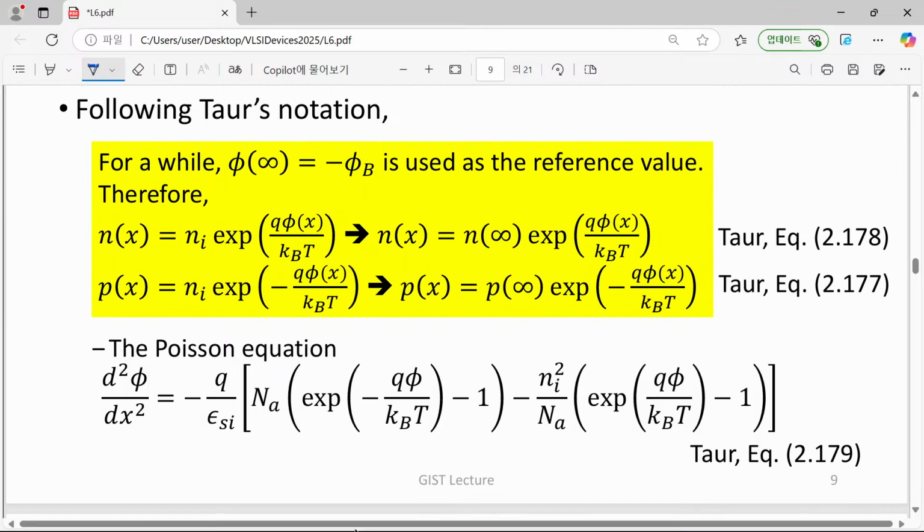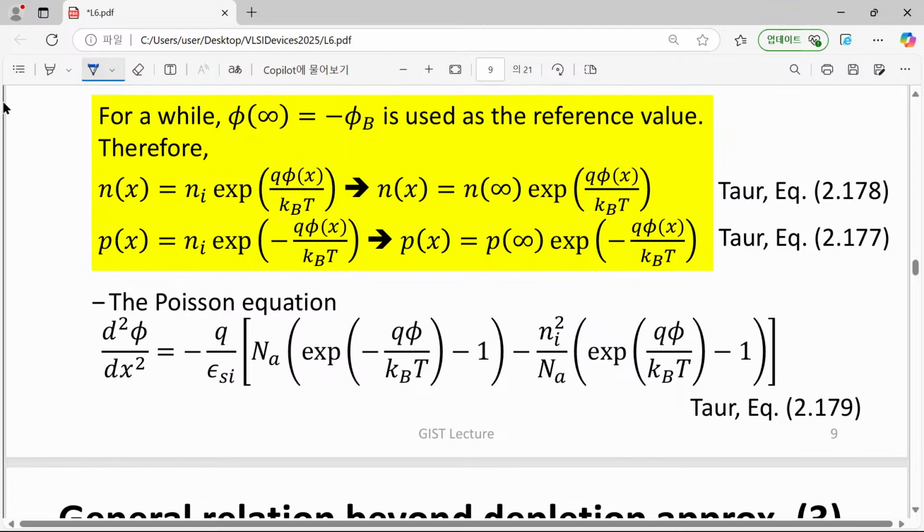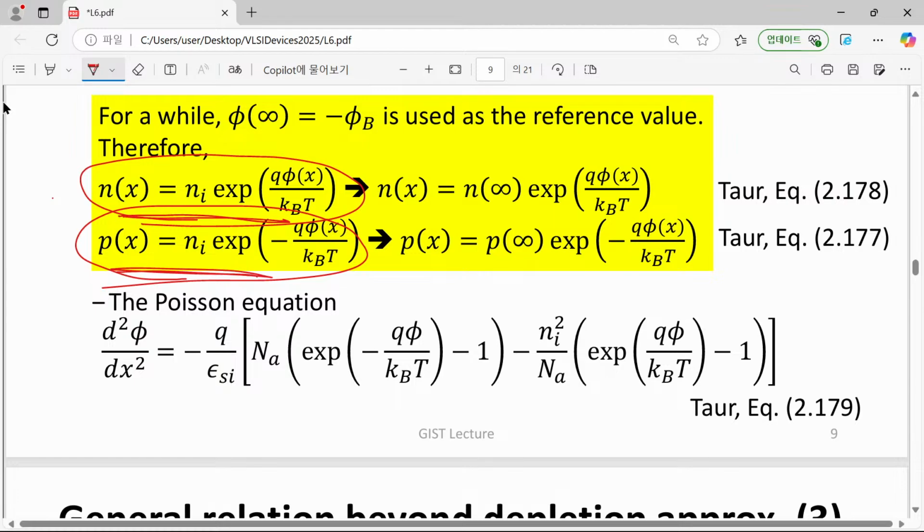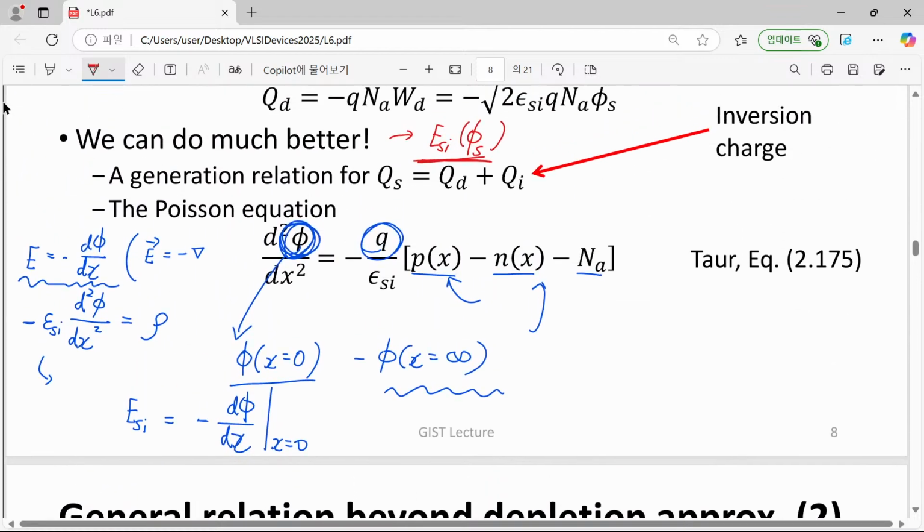But fortunately, you have a strong relation. Do you remember? Electron density and hole density are both exponentially dependent on the electrostatic potential. We have seen it quite many times before, so we will use this expression. Simply speaking, when you come back here, although P is written here, it can be expressed as exponential of minus phi over kBT over q.